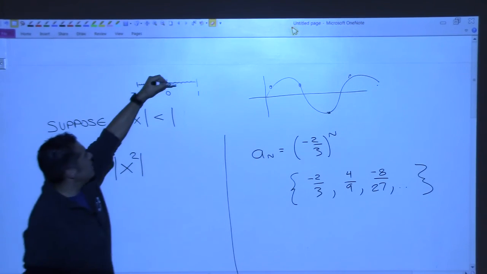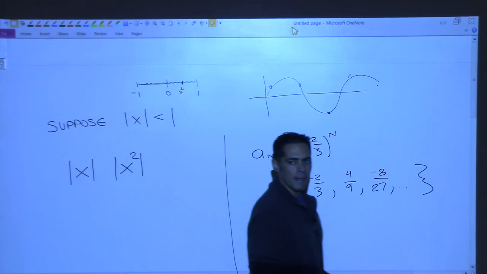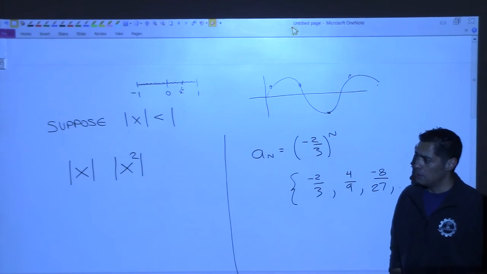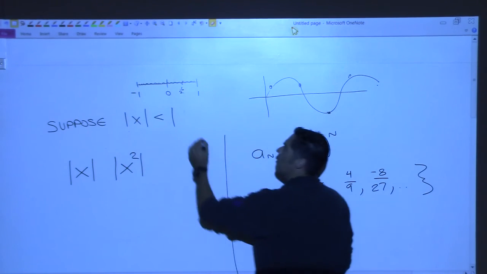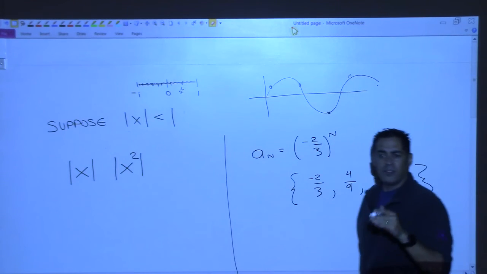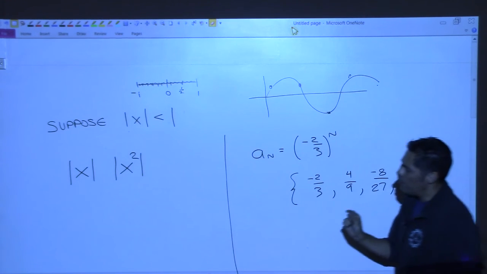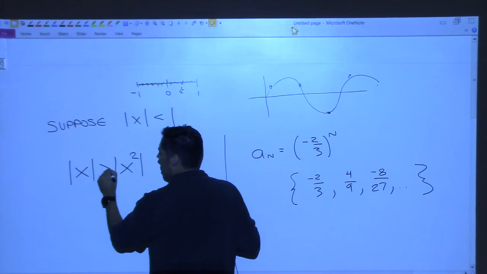Take any number you want in here, like a half. What happens if you square it? It's a 4th, which is smaller. That would work for any number you pick in here. If you take it and square it, it gets smaller. Normally we think when you square something it gets bigger, right? But if the number is between negative 1 and 1 and you square it, that fraction gets smaller. So the relationship here is that this is bigger than this, right?